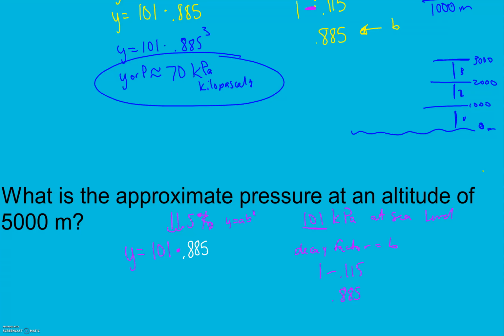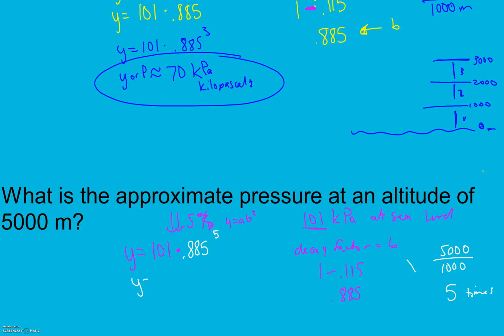Now we need to figure out how many 1,000-meter increases we've had to get to 5,000. So from 0 to 5,000, we've increased by 1,000 5 times. We can take 5,000 and divide it into 1,000-meter chunks, which is going to give us 5 times that we've reached that change.